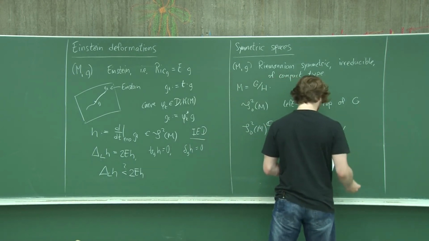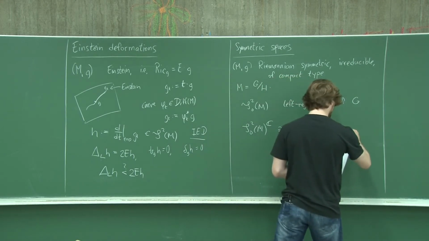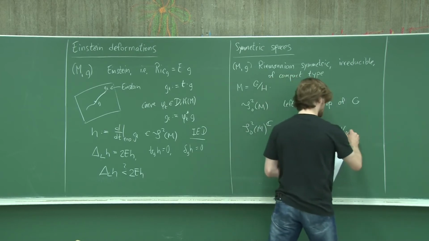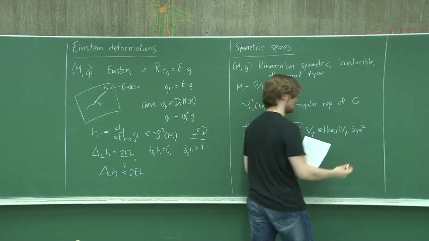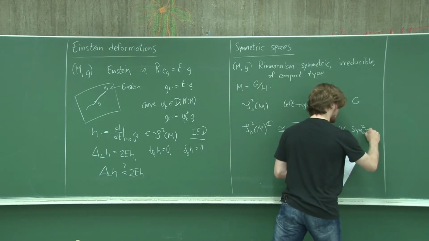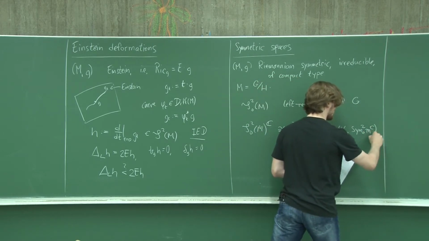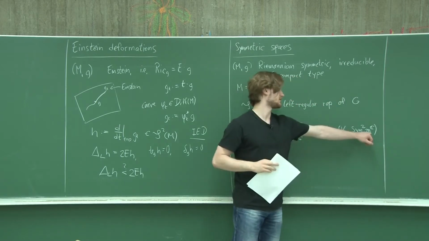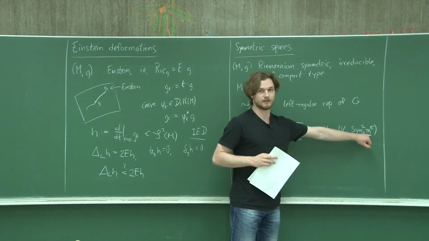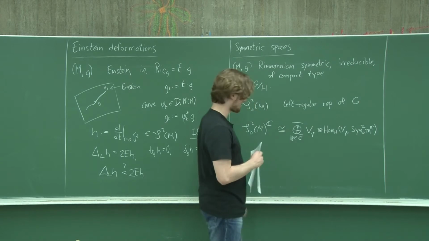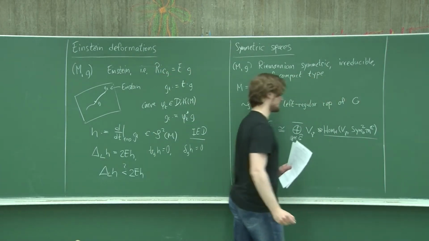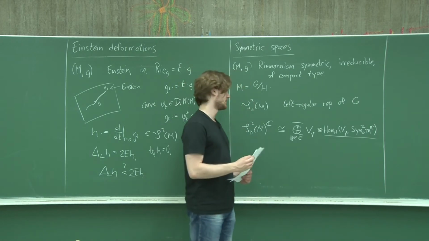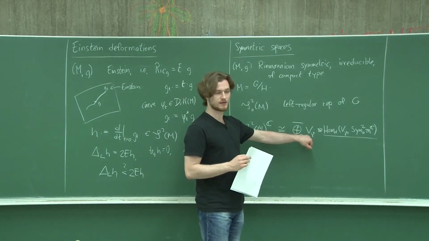This is the space of H invariant homomorphisms from V gamma to the trace-free elements in the second symmetric power of the isotropy representation. So this M, the isotropy representation, is basically the fiber of the tangent bundle of M. And this here is, as I mentioned, the multiplicity of our summand V gamma.